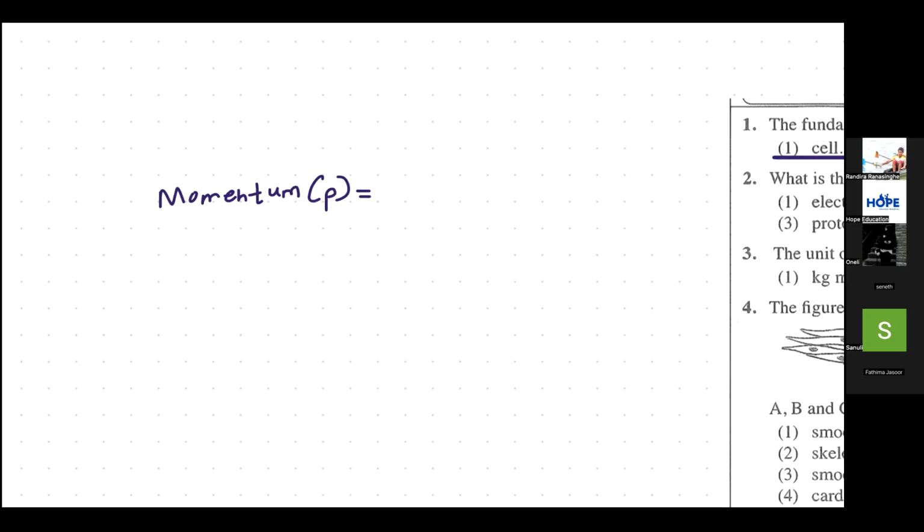Others? Panitai, what is the equation of momentum? Yes, mass into velocity. Mass into velocity is the momentum. The unit of mass is kg, the unit of velocity is ms minus 1. So when we combine them, the unit of momentum is kg ms minus 1.